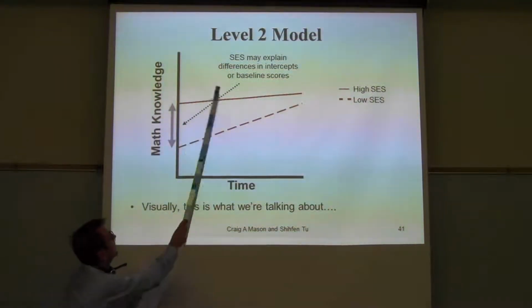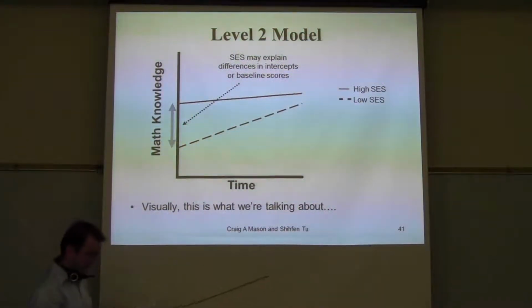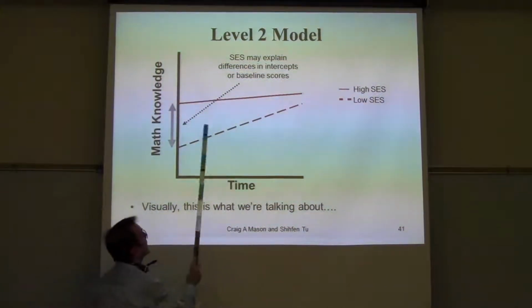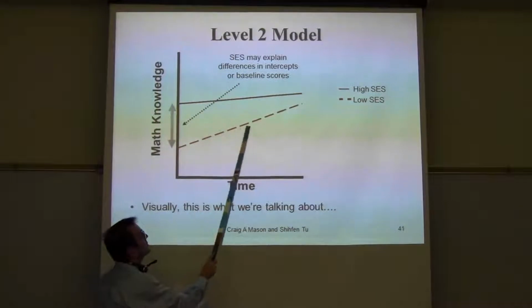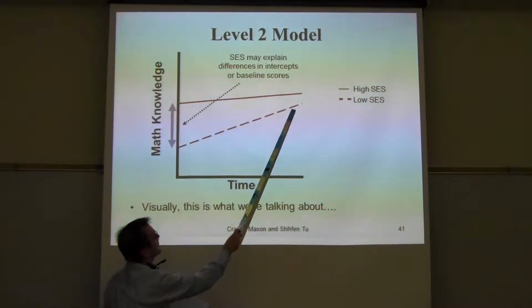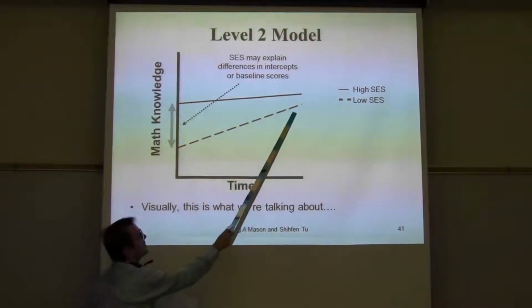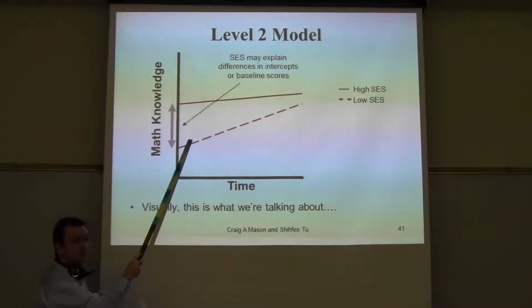Visually, this is what it looks like. So we're back to that picture we had at the start of class. We're looking at level 2. Here's a growth model for one student, maybe they're low SES.